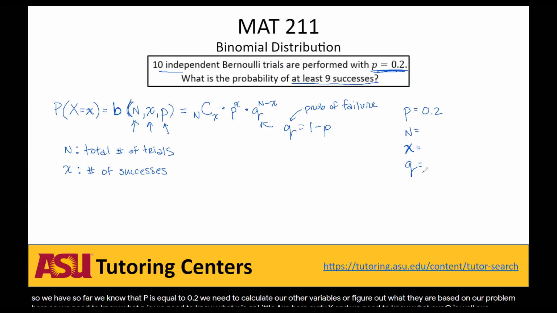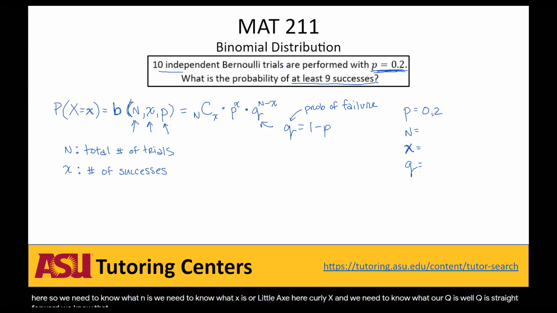Well, q is straightforward. We know that p is 0.2, so using the formula that we wrote down here, q is 1 minus 0.2, which is equal to 0.8. So we've got q.